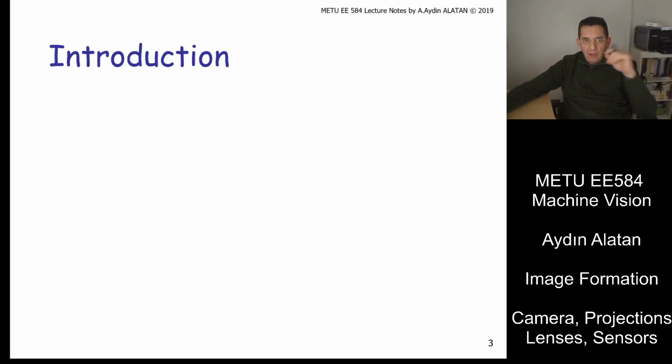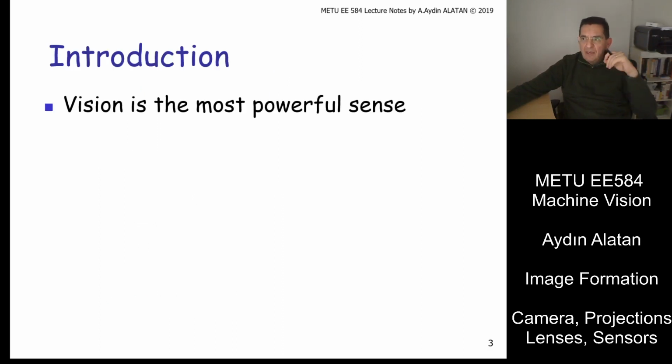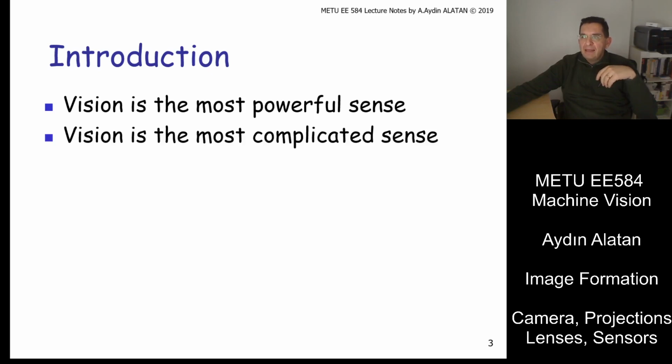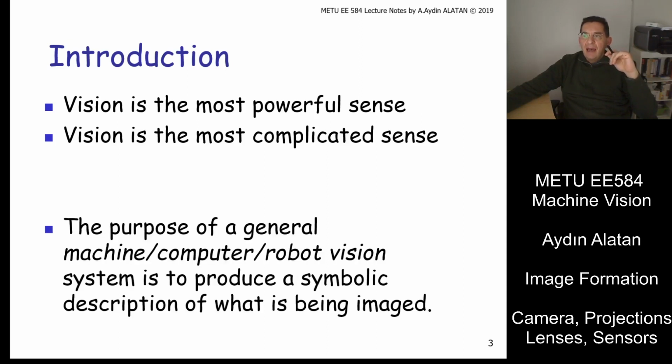First of all, let's understand the concept. Vision is the most powerful sense, and according to Forbes magazine, it's very important nowadays for everyone, and it is the most complicated as well. We are doing many things by eye, by vision, as human beings, but it is also very difficult to understand.